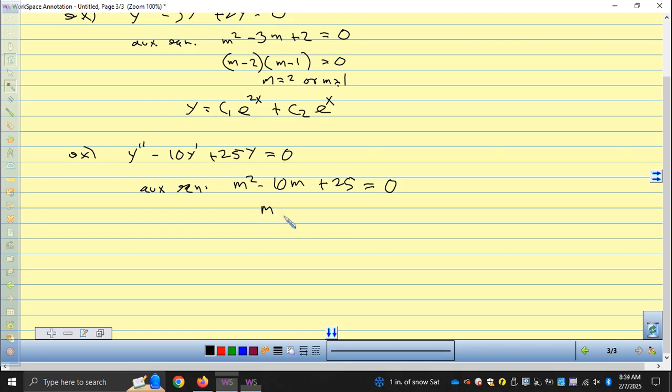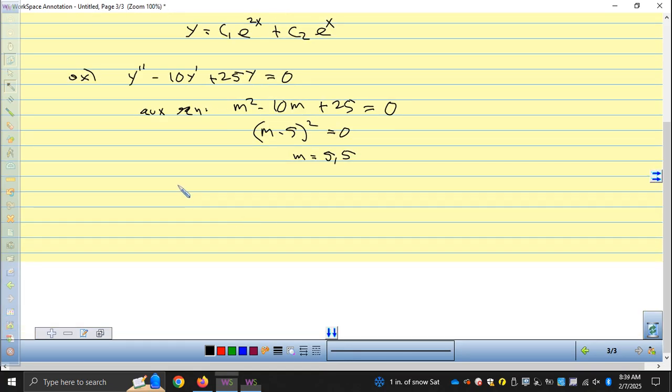And that's m minus 5 squared. So m equals 5 and 5, a repeated root of 5. So we would say y equals c1 e to the 5x plus c2 x e to the 5x. Pretty easy, right?